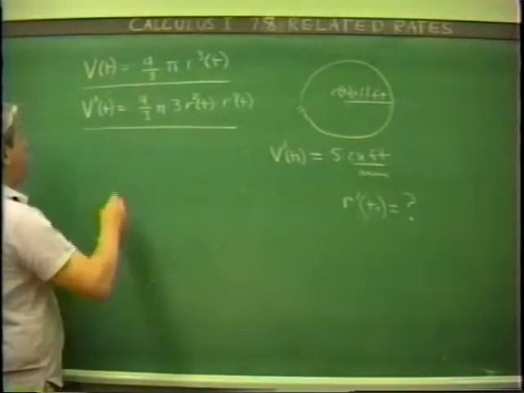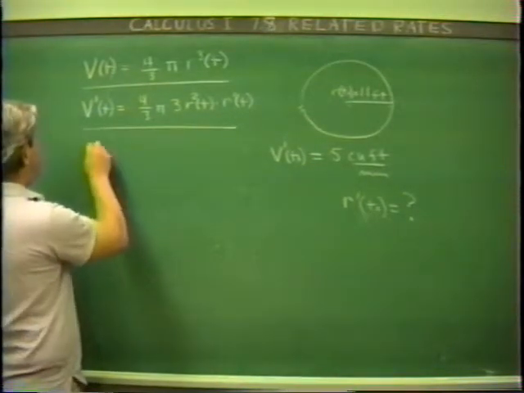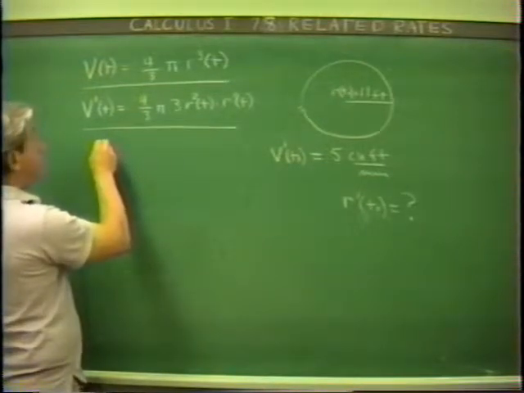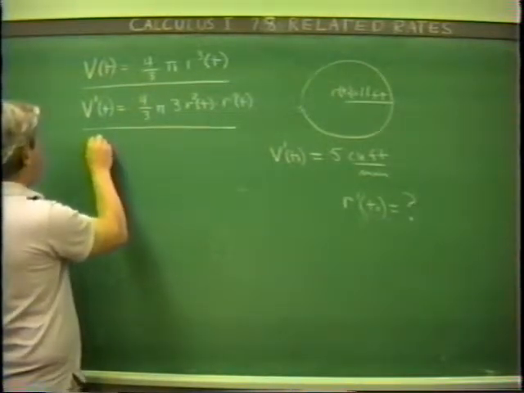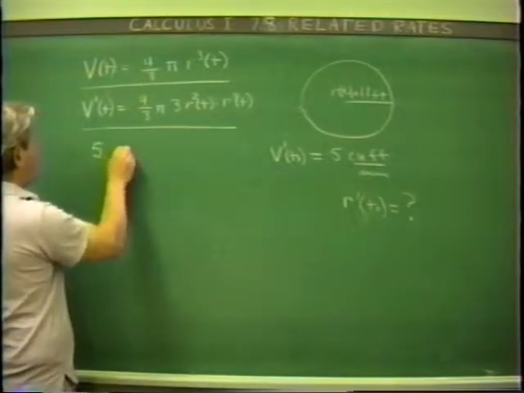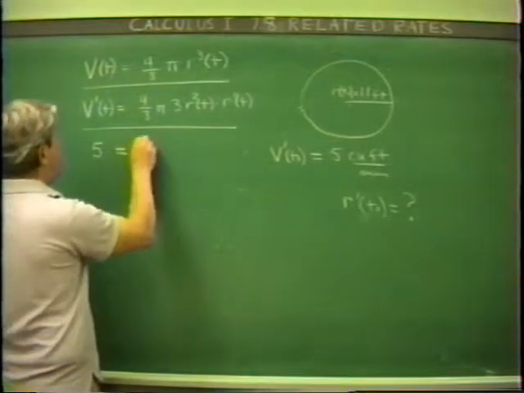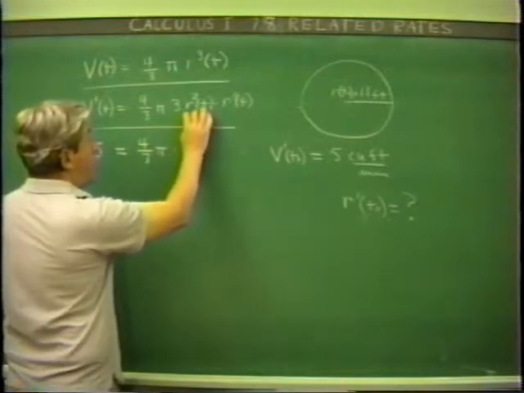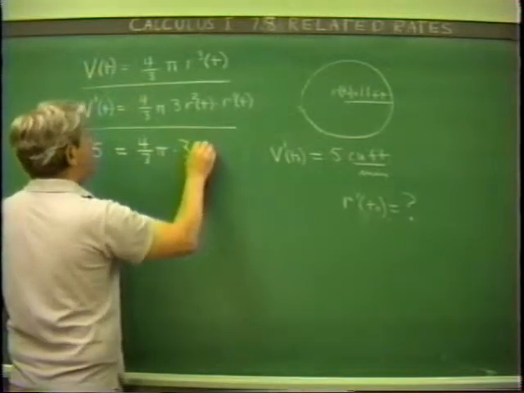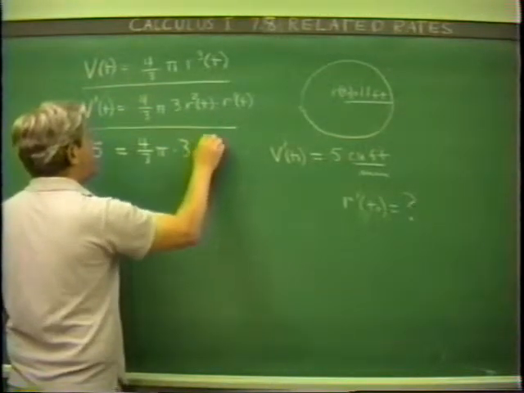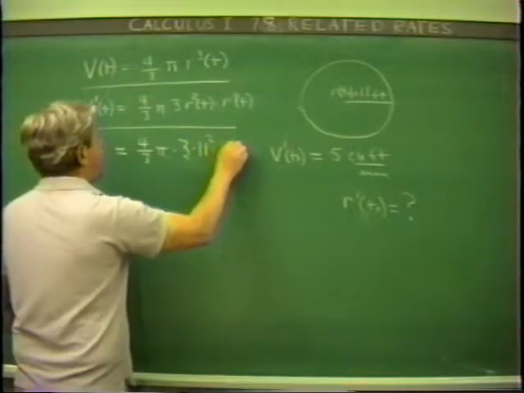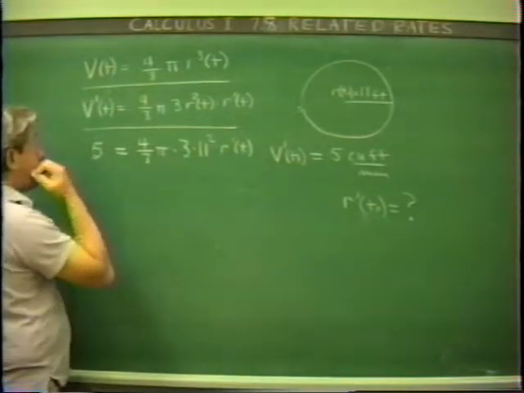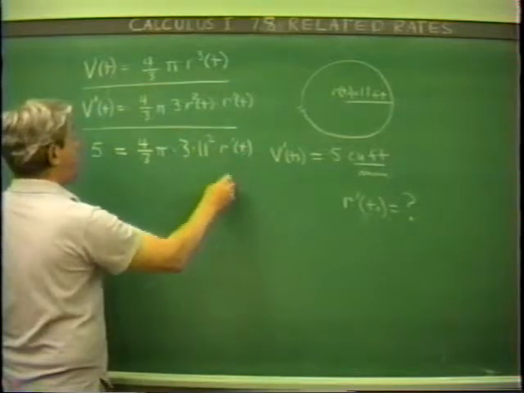All right. Now we're ready to put in the information that we know. At the time we're interested in, V prime is 5 cubic feet per minute. This is going to be equal to 4/3 pi times 3. The radius at the time we're interested in is 11, so this is going to be times 11 squared r prime of t.